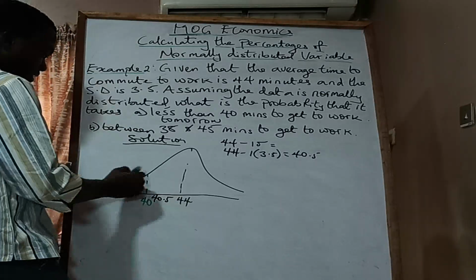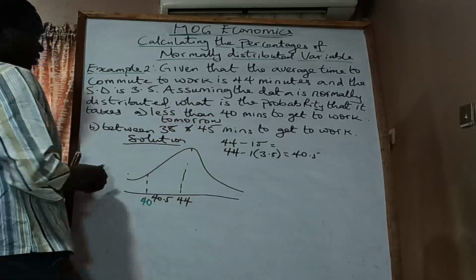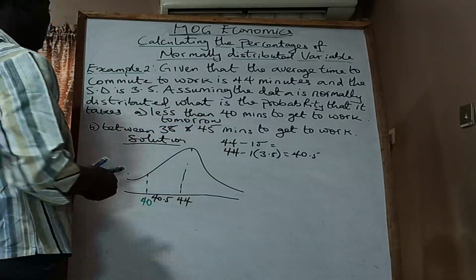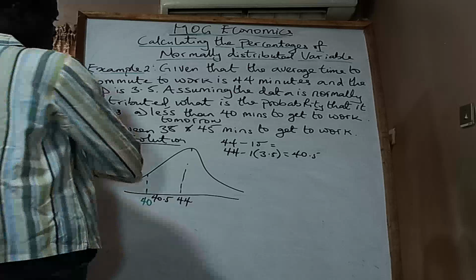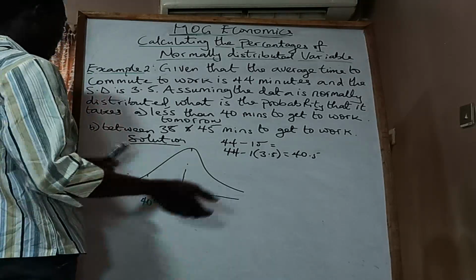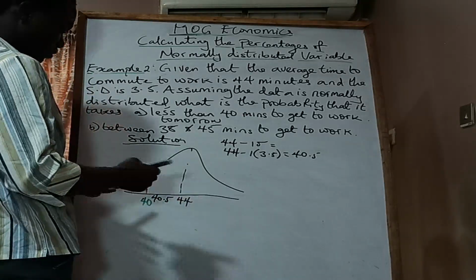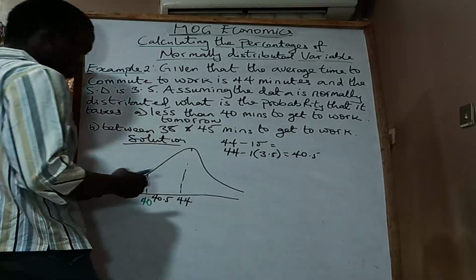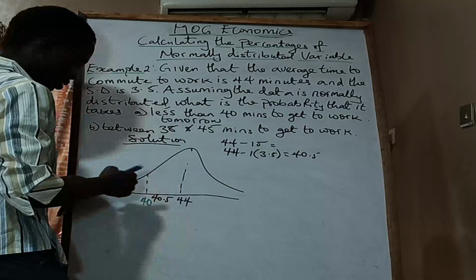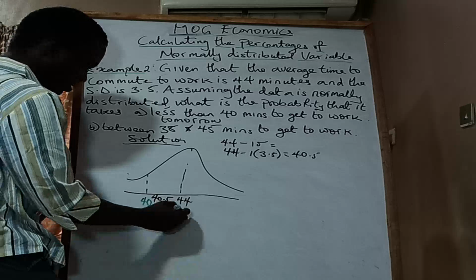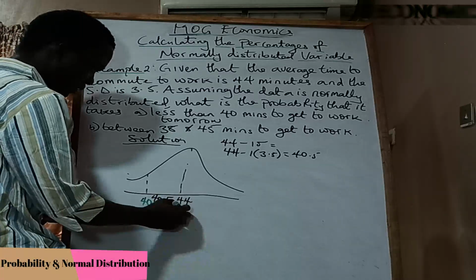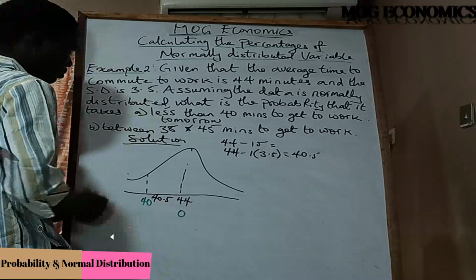So we are trying to look for the area of this place. That's what it's saying: I should look for the probability that it takes less than 40 minutes, so the area of this region, and then express it in terms of probability. When we do the z-score, I can just put 0 here. Let's say we are converting this to a normalized z-score, so 0 can be here.